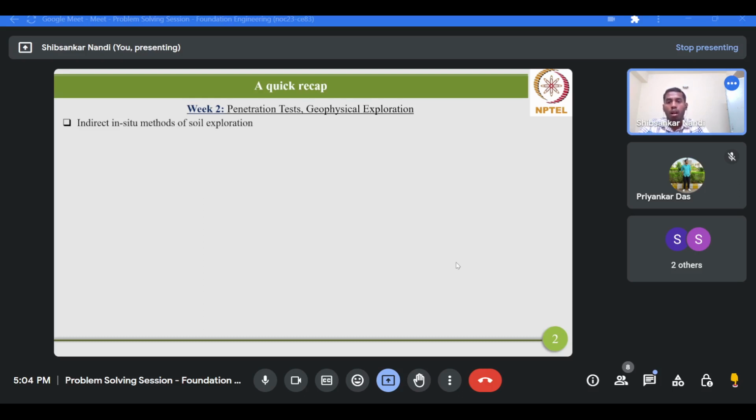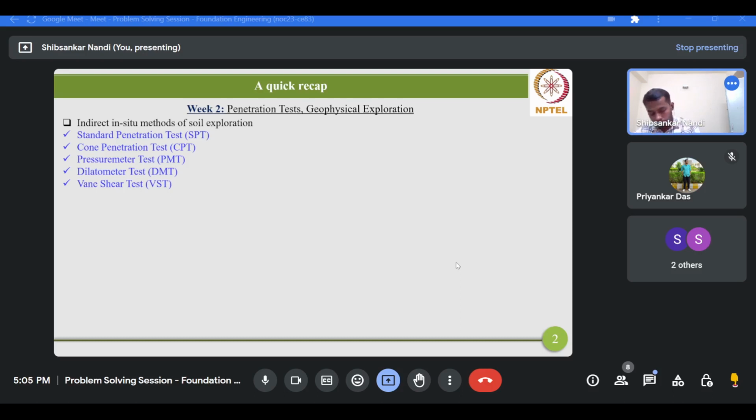So in this week we have seen a few more penetration tests, and those are cone penetration test, pressure meter test, dilatometer test, and vane shear test, in addition to the standard penetration test. This cone penetration test can be further divided into two categories.